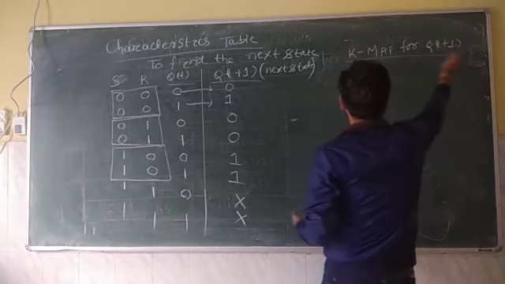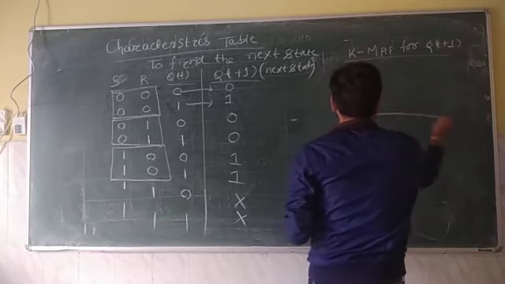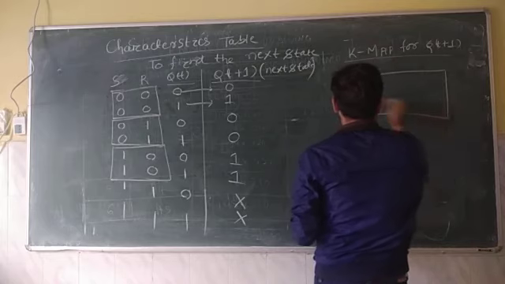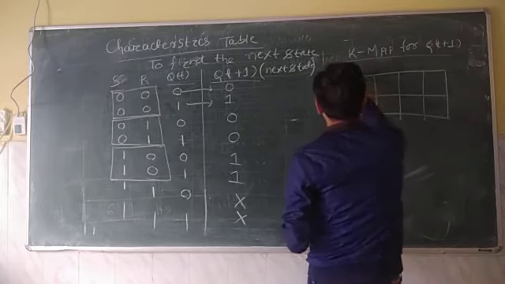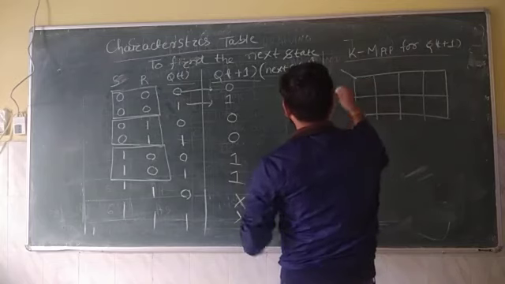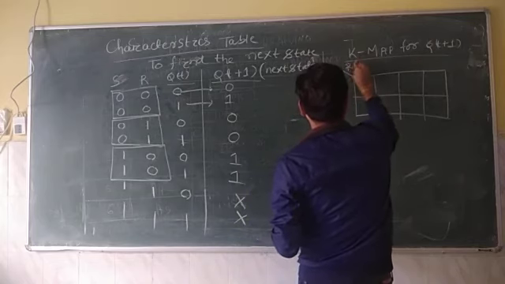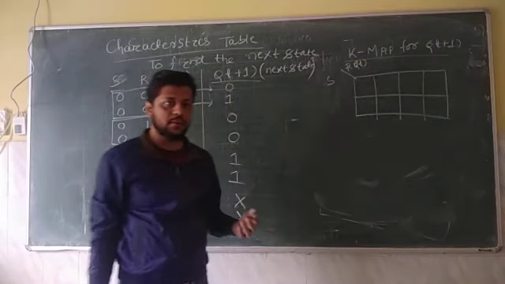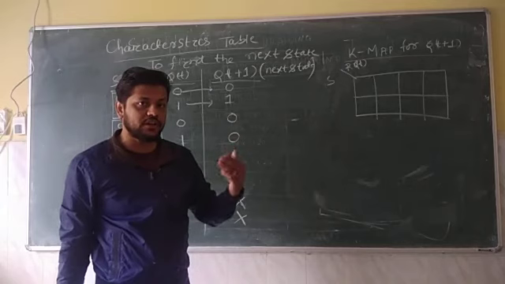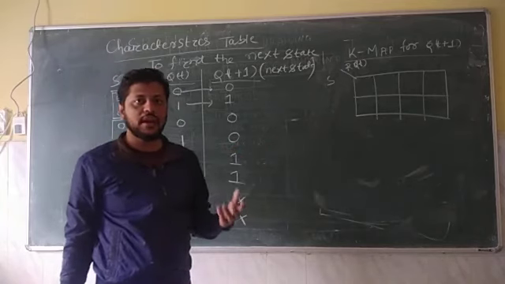We have inputs S, R and Qt. So this is a 3 variable K map. 3 variables means we have to construct 2 to the power 3, that means we need to construct 8 cells.